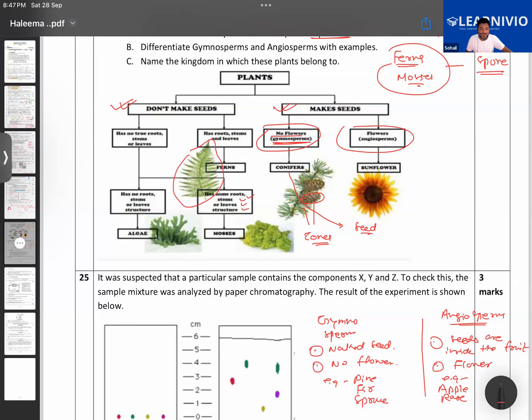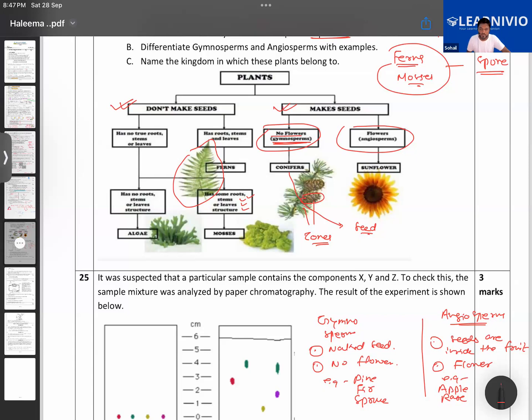So is the difference clear to you or not? Yes, sir. What did you understand from this? Sir, gymnosperms do not have flowers, and angiosperms produce flowers. Gymnosperms have naked seeds, and angiosperms have seeds, but they are inside the fruit.